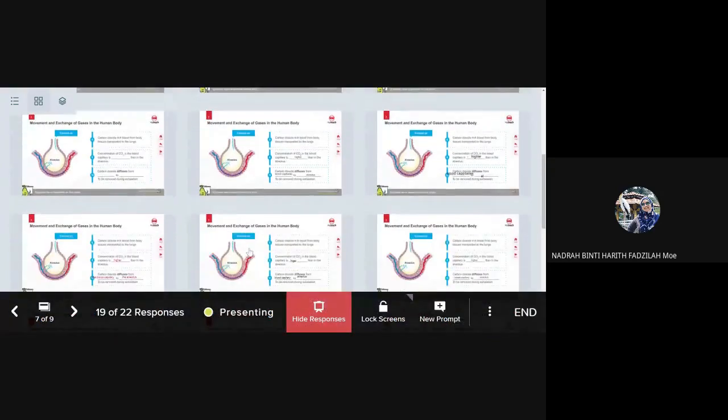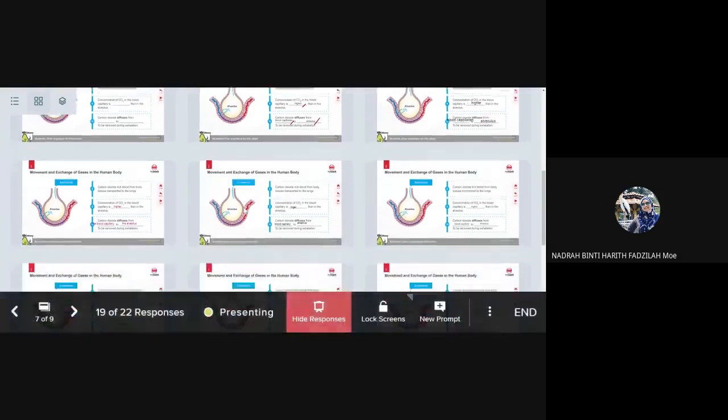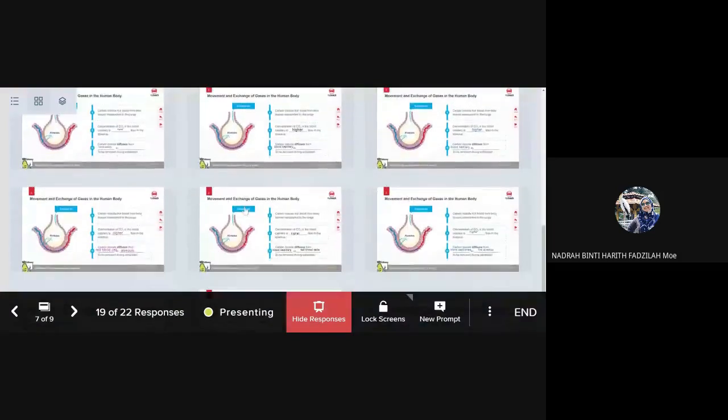Kalau kamu nak sebut sel boleh, tapi kena specify red blood cells to the alveolus. Tak ada masalah. Okay, tapi sebab awal-awal tadi kotak nombor 2 tadi kita sebut blood capillaries kan. Blood capillaries pun betul ya. So carbon dioxide diffuses from blood capillary to the alveolus.